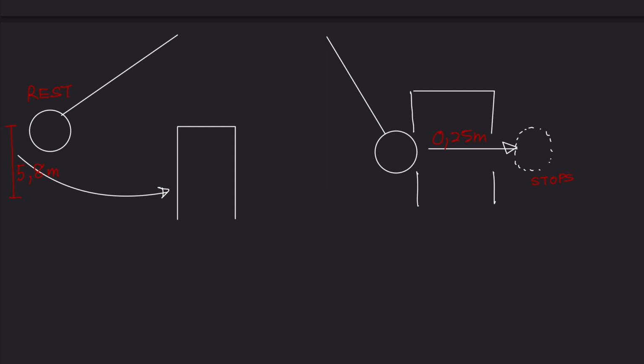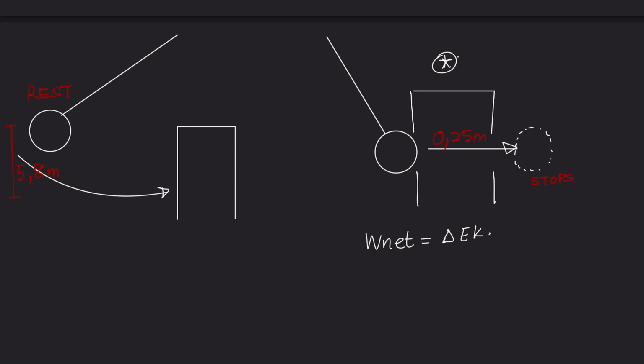Okay, now we are interested in this portion because remember the wall is going to exert a force on the ball when it's moving inside this building, right? Now here we can use W net is equal to delta EK, right?